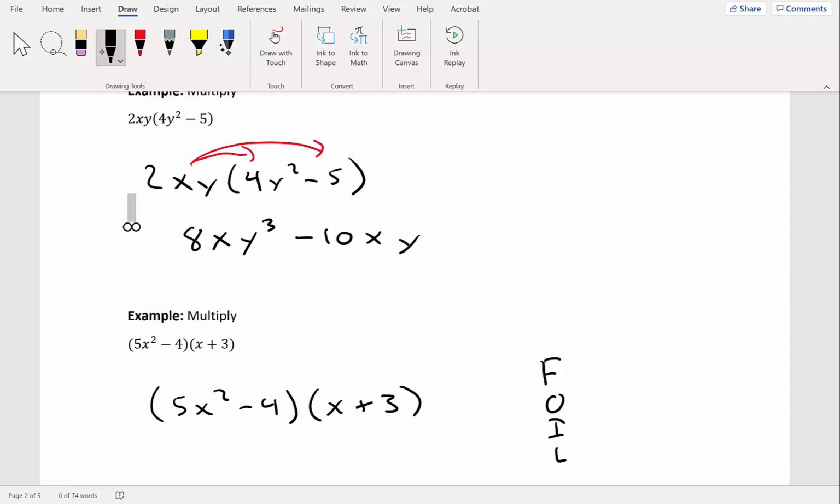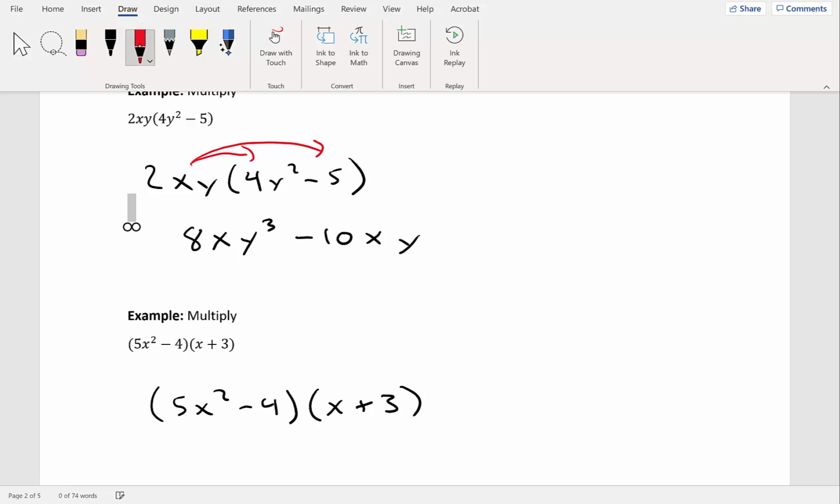First: you have to figure out what are my first terms. Then outer: what are my outer terms. Then inner: what are your inner terms. And then last. What I prefer using is, let me erase this.